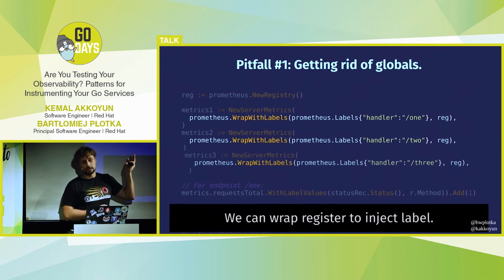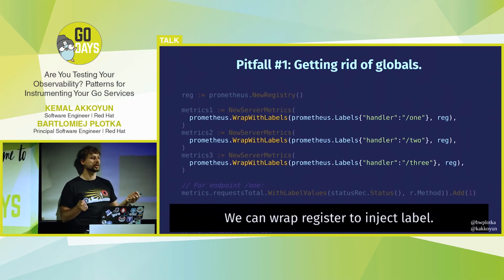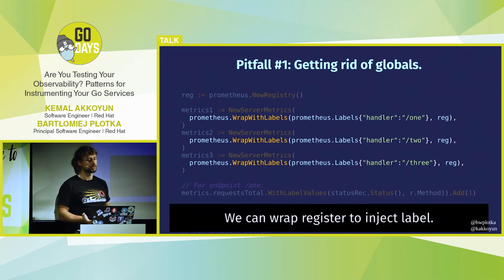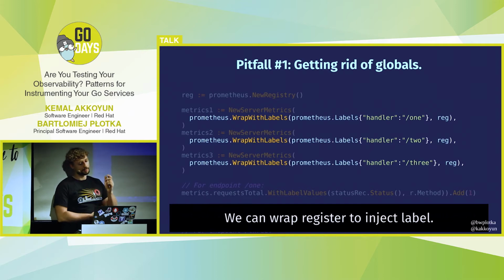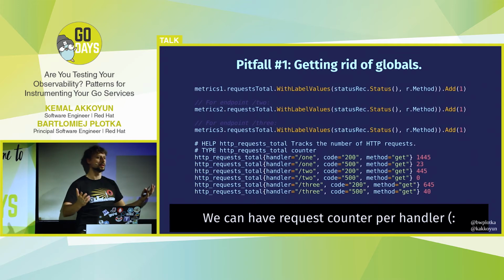So I can go ahead and use a wrapper, which is available in the Prometheus library, WrapRegistererWith labels, and I can inject a label to make it unique. So right now, it will register just fine. So I have /1, /2, /3, which at the end gives me amazing grouping by endpoint.